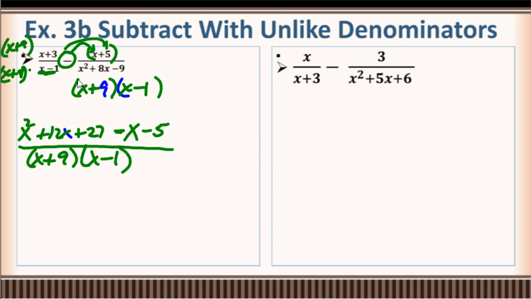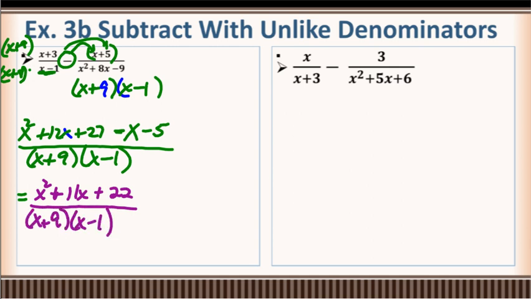So combine like terms, I end up with x squared plus 12x minus 1x is 11x. 27 minus 5 is a positive 22. All over x plus 9 times x minus 1.